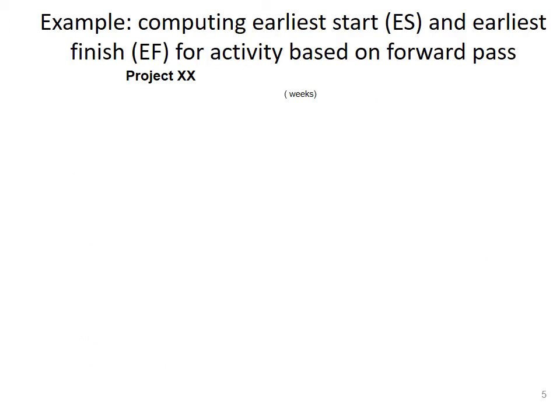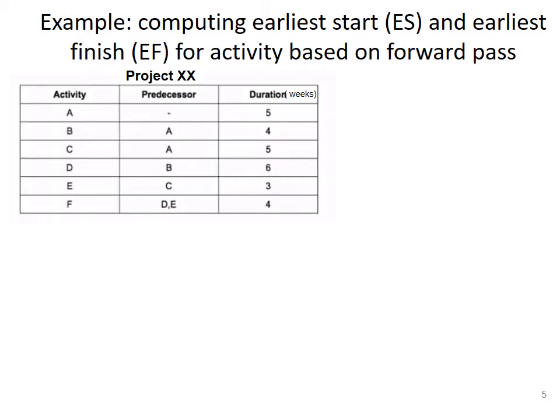Let's see an example on how to compute earliest start time and earliest finish time for an activity based on forward pass. Okay, so kita ada this table again, okay, yang ada activity A sampai F, and then the predecessor activity, and then duration, okay, dalam weeks. Okay, ada antara you yang tak faham macam mana ataupun keliru bagaimana nak read this table.